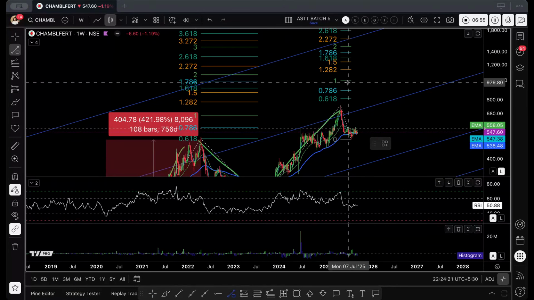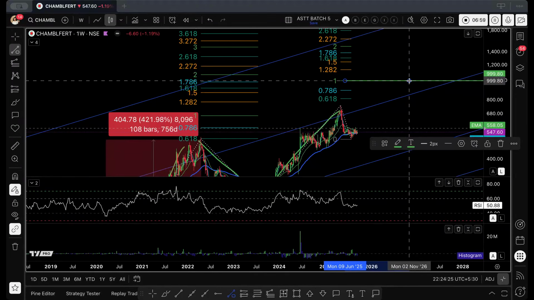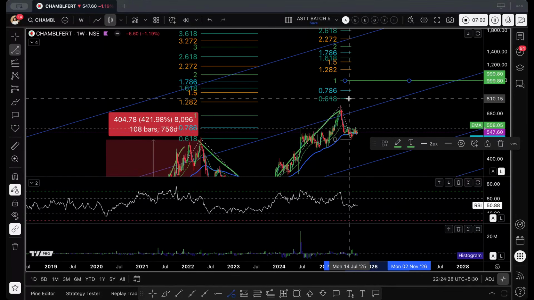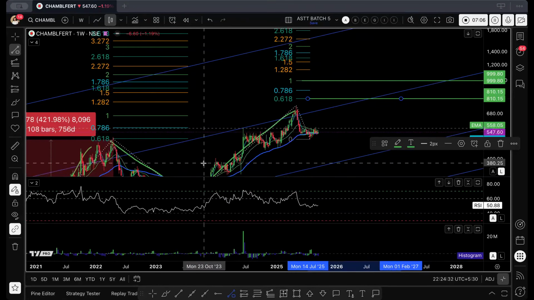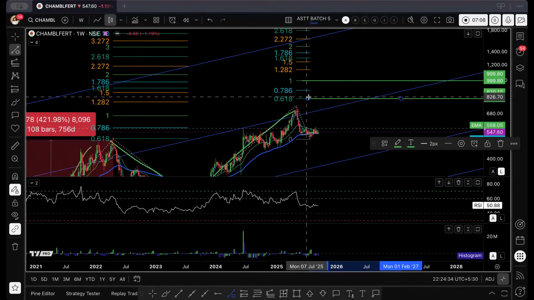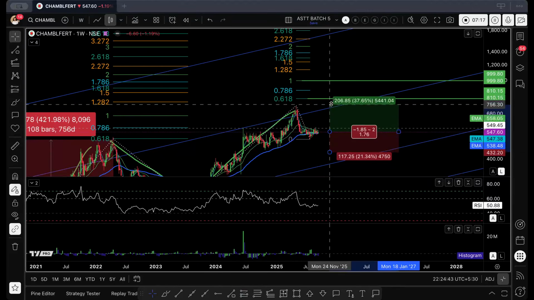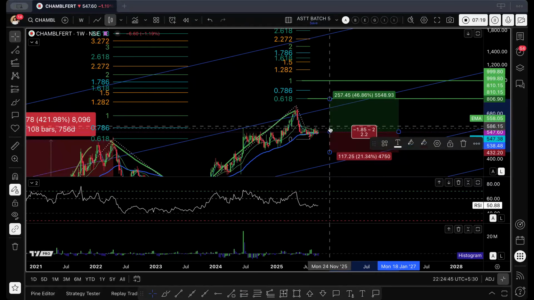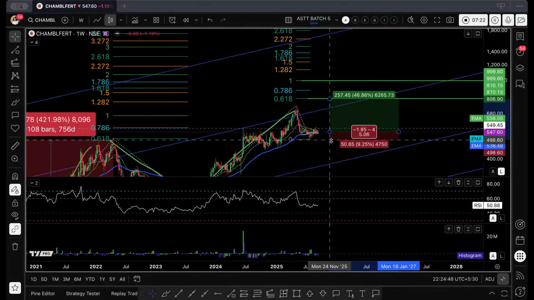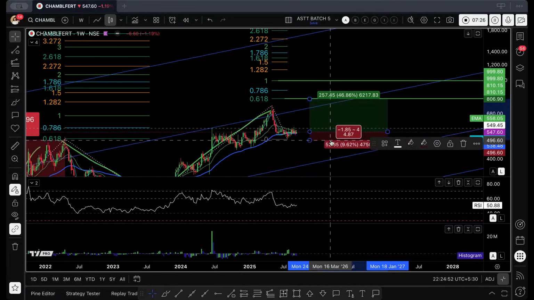For it to be equal to wave 3, it would have to rally up to this point, 1,000 points. But if we take a conservative stand and say even if wave 3 gets extended upward by 61.8%, then this becomes a potential target. So from the current price we are at, this gives us a target of at least 50% with a stop loss at the current low, because if the current low gets triggered, then we want to get out.